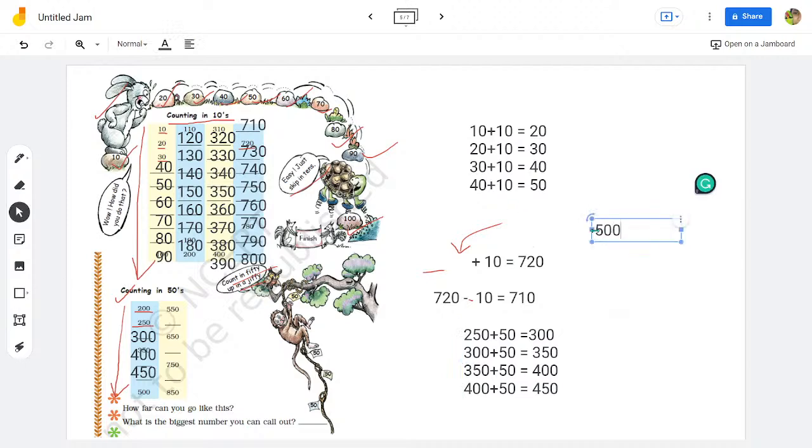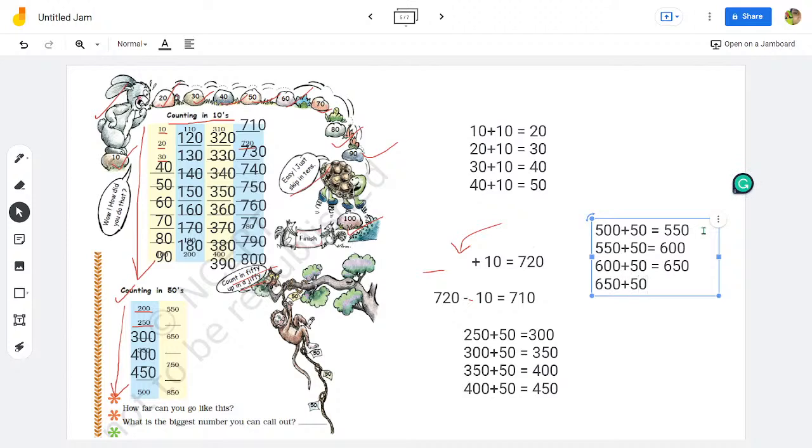So I can write 500, add another 50, would be 550. 550, add another 50, would be 600. 600, add another 50, would be 650. 650, add another 50, would be 700. 700, add another 50, would be 750. And this is how it keeps on going.